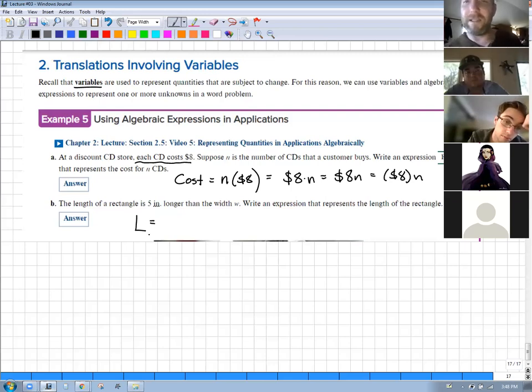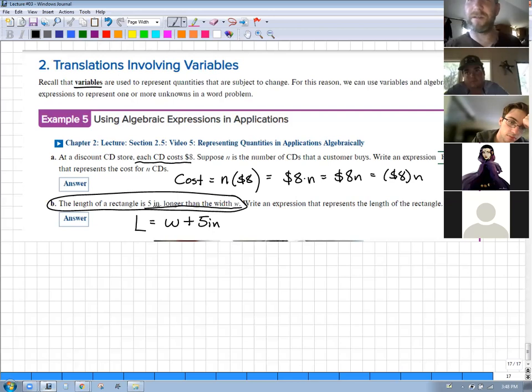All right, the length is 5 inches longer than the width W. So if we take the width and add 5 inches to it, we get the length. It's that simple. The length is the width plus 5 inches in English. It's just a whole lot shorter than this whole sentence, right? We just said this whole sentence in 1, 2, 3, 4, 5, 6 symbols.